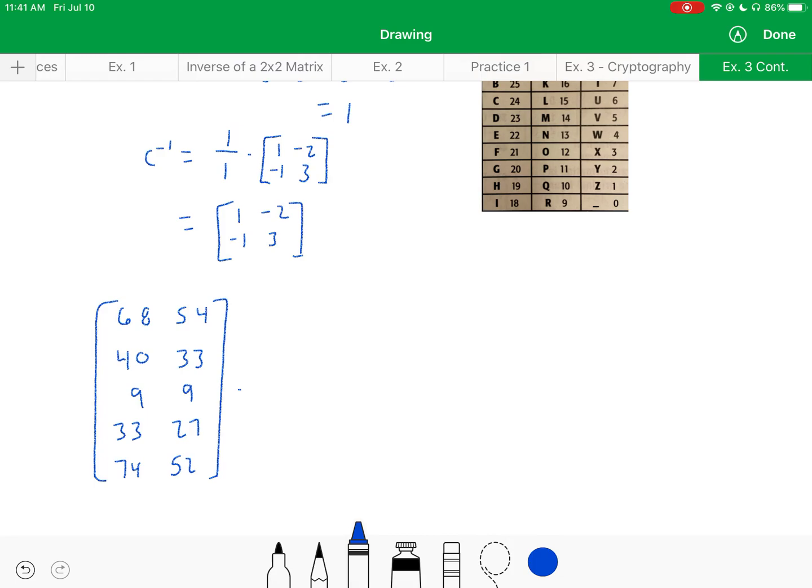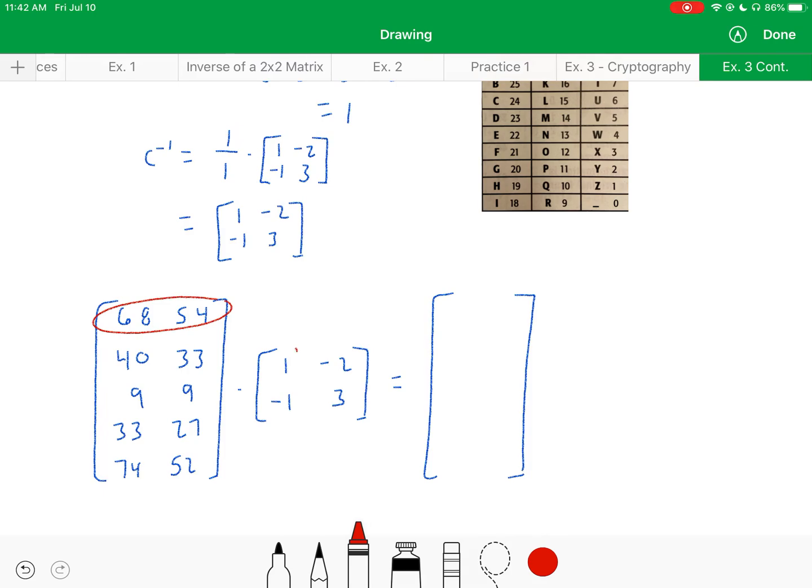So now we take that matrix, we multiply it by our inverse. Okay, so another 5 by 2 multiplied by 2 by 2 is going to result in a 5 by 2. And we'll just do the first row, first column.